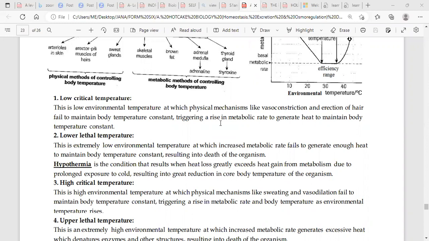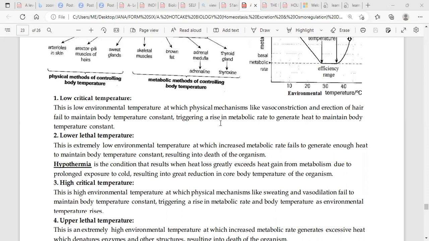There is a note which says hypothermia is a condition that results when heat loss exceeds heat gain from metabolism due to prolonged exposure to coldness, resulting in too great a reduction in core body temperature of the organism. That is hypothermia.